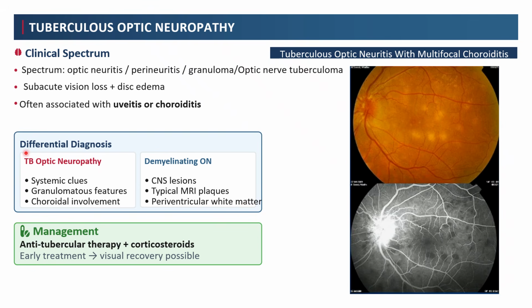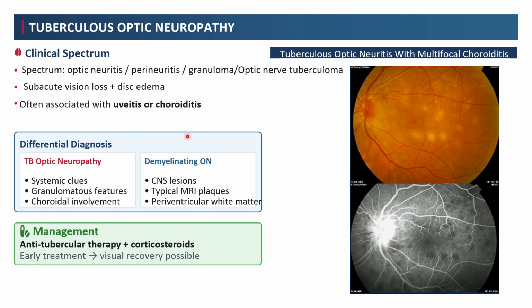However, in the tuberculous variety, you should support your diagnosis, apart from the pattern of presentation, by history of previous exposure, by a positive tuberculin test or IGRA test. Also, the chest X-ray is important in these cases. And along with the fundus picture, if you find evidence of previous and old granulomatous inflammation, this may give a clue to the underlying etiology, which is tuberculosis.